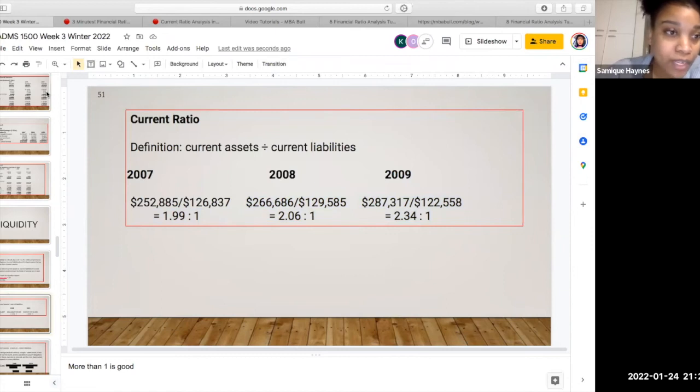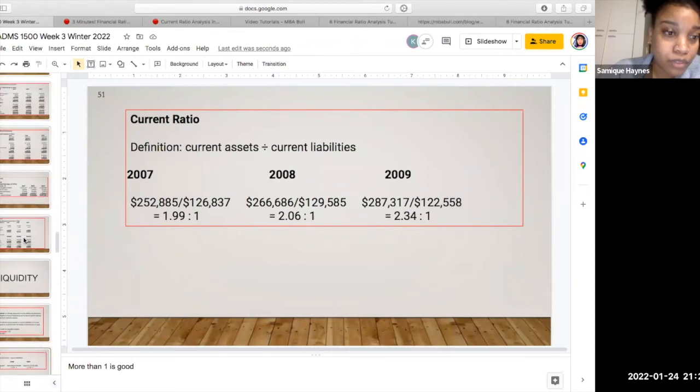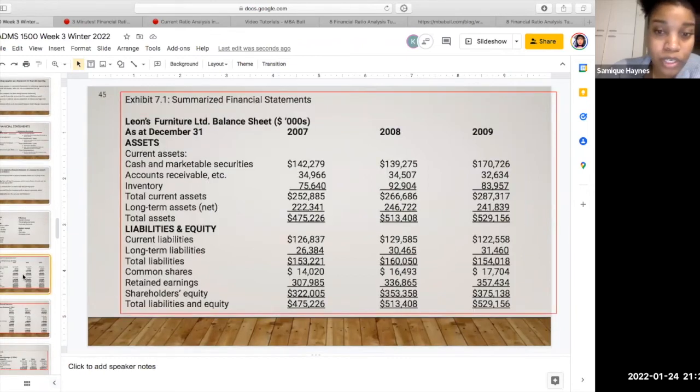Okay, so why did so many people get 1.07? Anyone got 2.34? Good, I see 2.34. People who got it wrong, do you know where you made the mistake? Balance sheet.